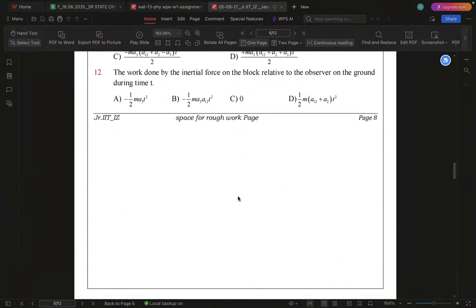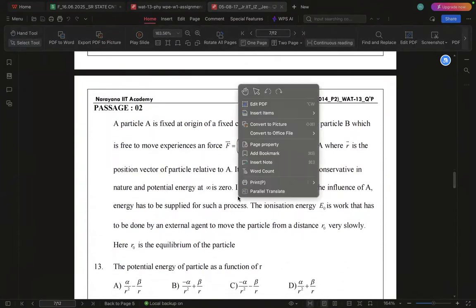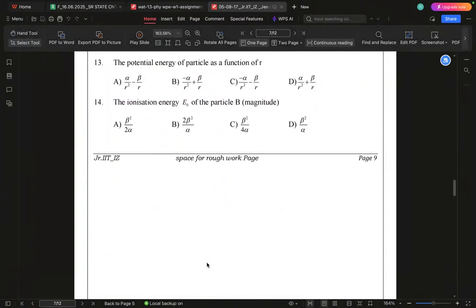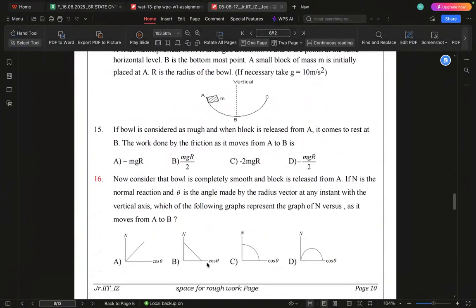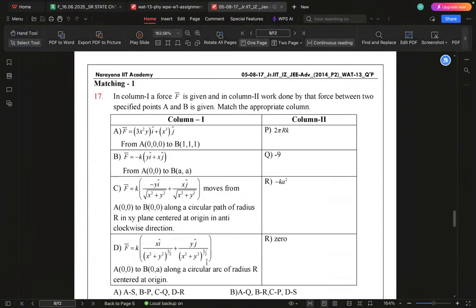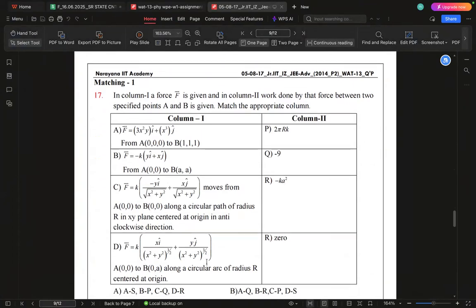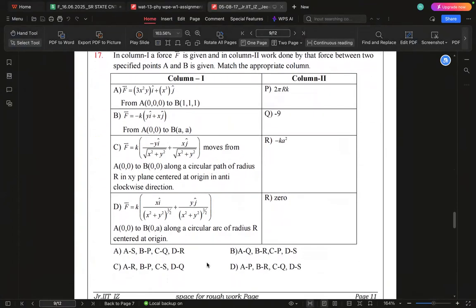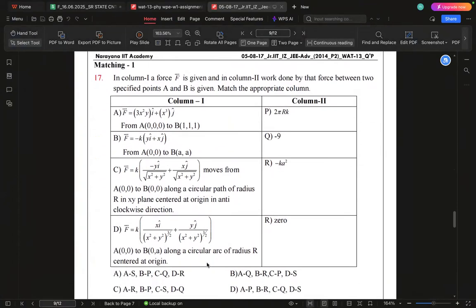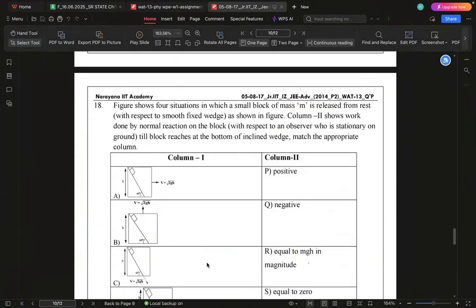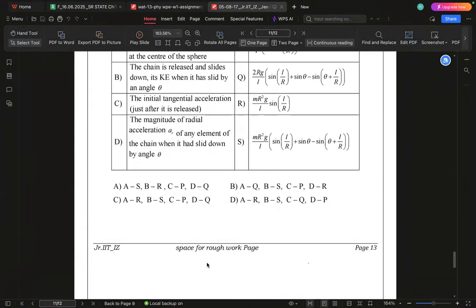Let me just check other models also. Actually, that is also conservative force concept only.